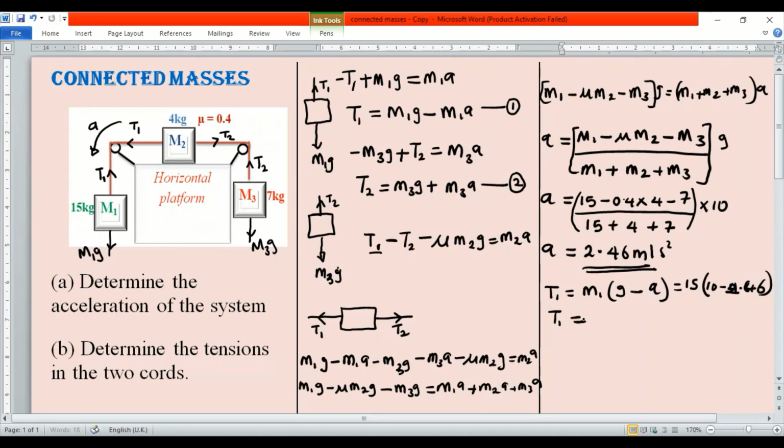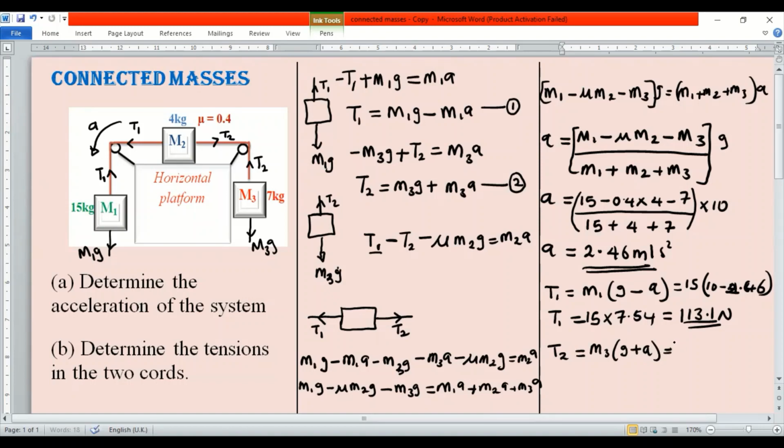If you do this, you have 15 multiplied by 7.54, and you have your T1, the first tension, 113.1 Newton.